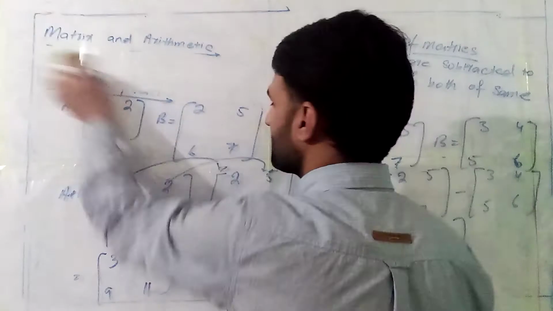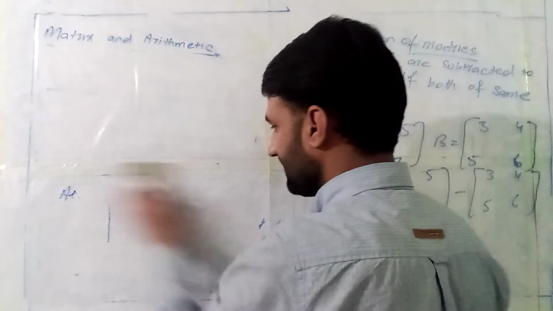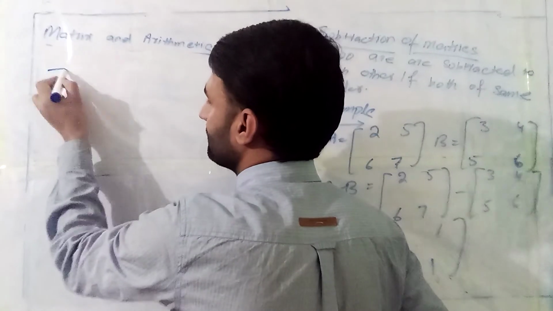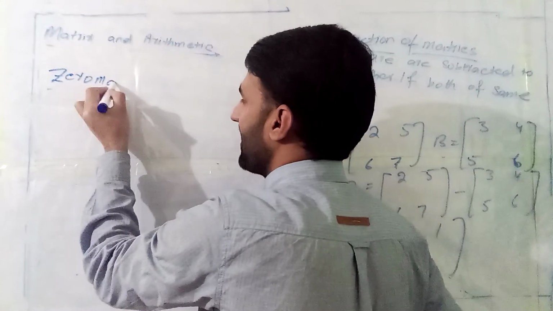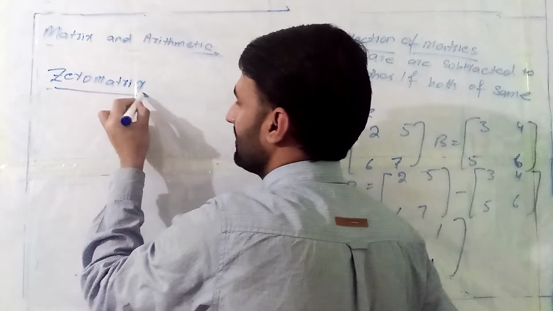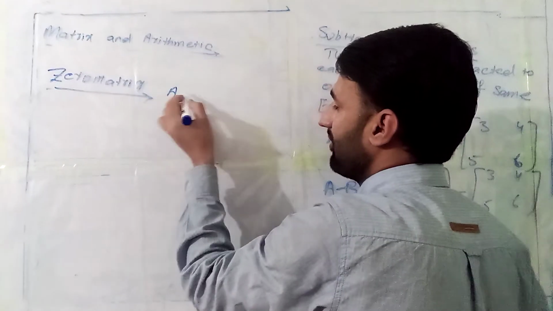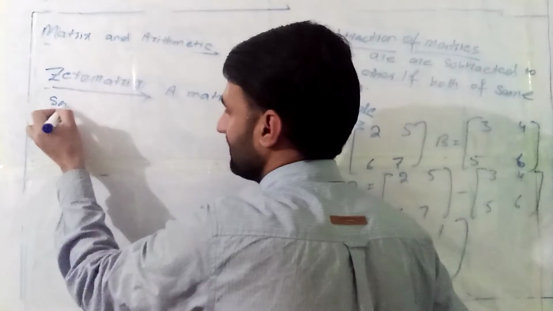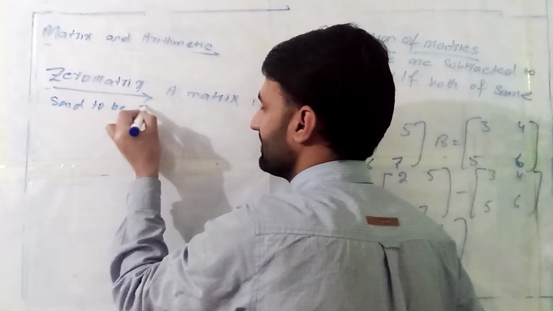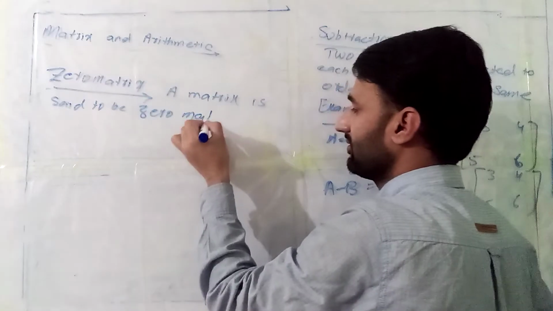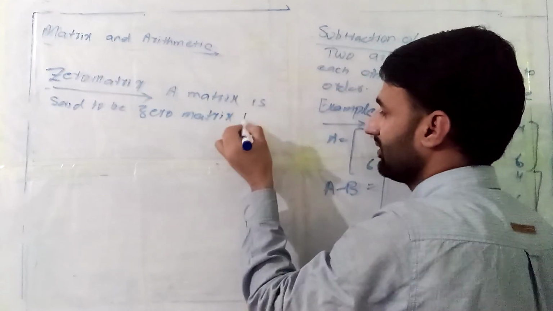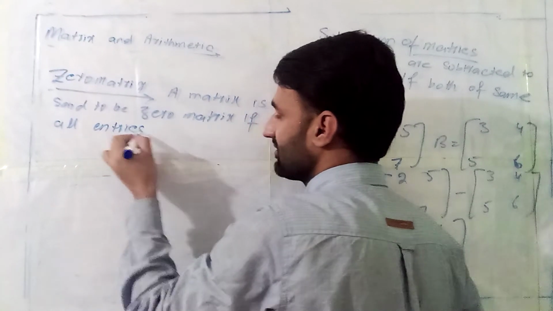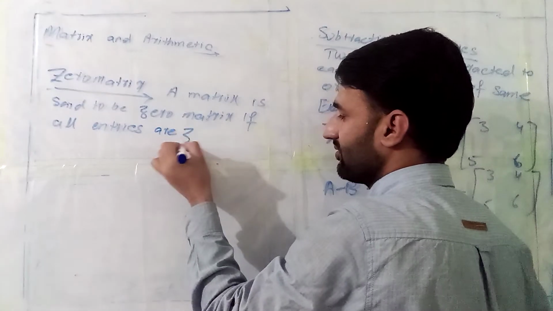Now I'm going to discuss what the zero matrix is, right? A matrix is said to be a zero matrix if all entries are 0.